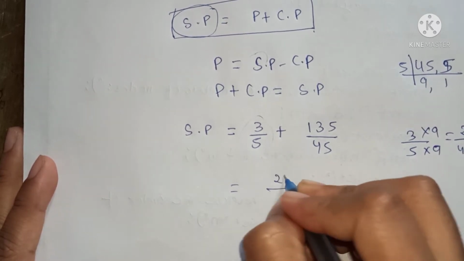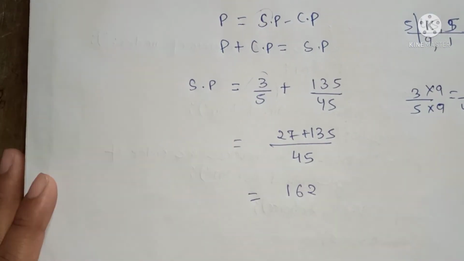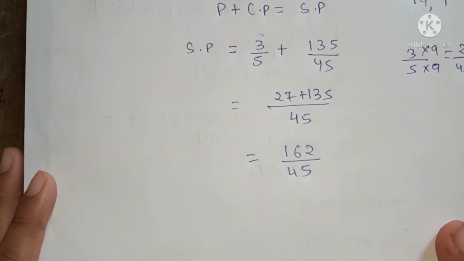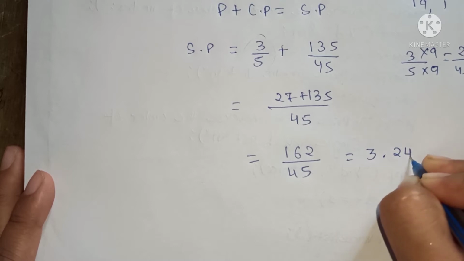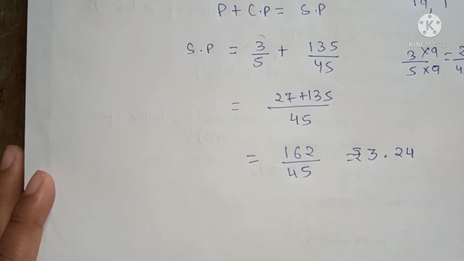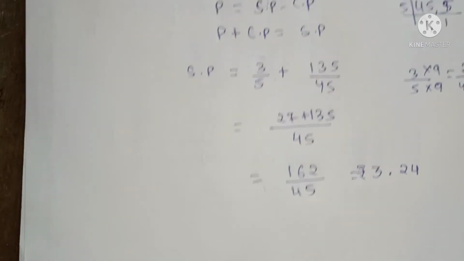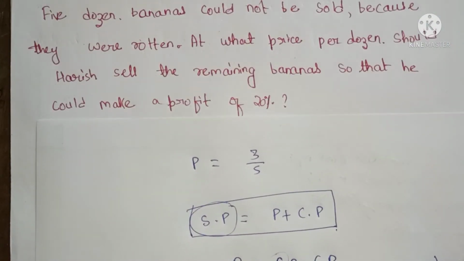So we get 27 plus 135. When we add it, we get 162 by 45. Now if we divide this, we get 3.24. So the SP, he must sell the bananas at 3.24 rupees to make a profit of 20%.